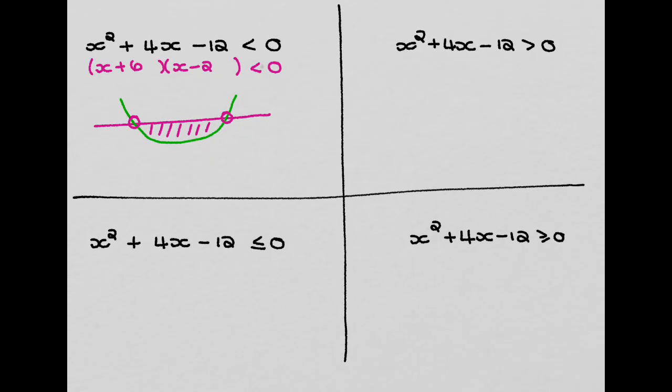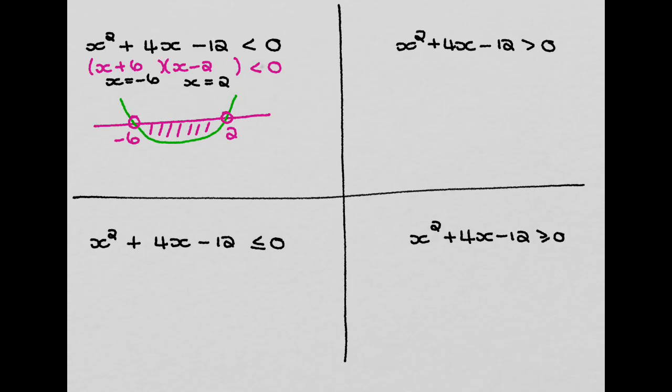Now, it's not technically correct, but if you took x out of the bracket, it would be minus 6, and if you took x out of the other bracket, it would be 2. Now, it's not actually minus 6 and 2 because it's an inequality, not an equation. But we'll cheat a little bit and just pretend for a moment. So on your number line, I would indicate negative 6 and I would indicate 2.